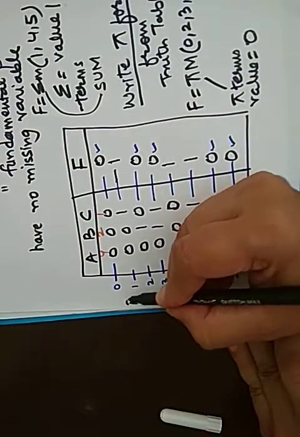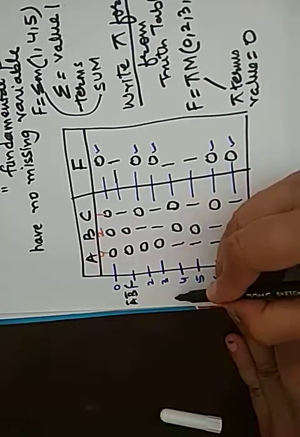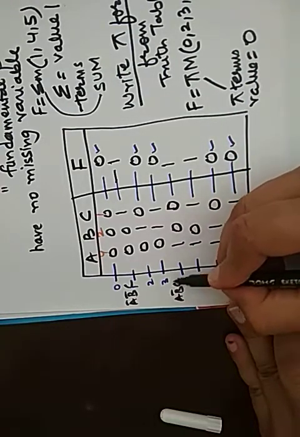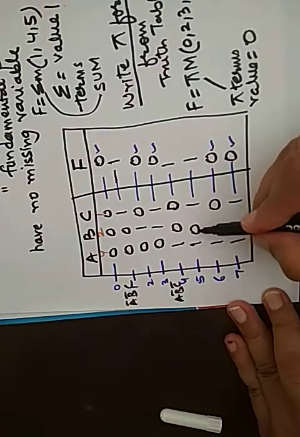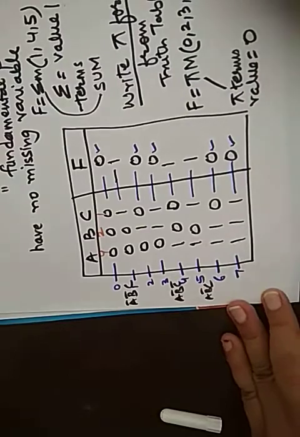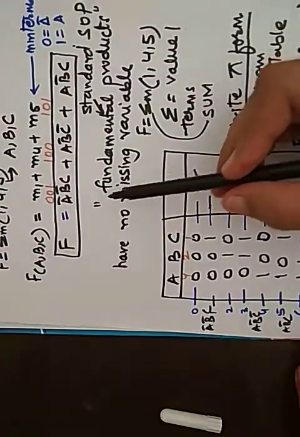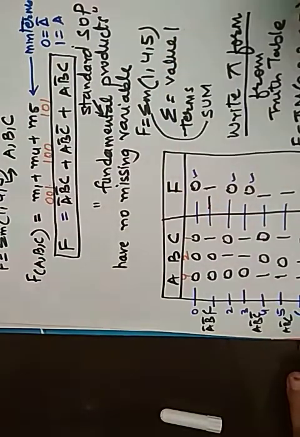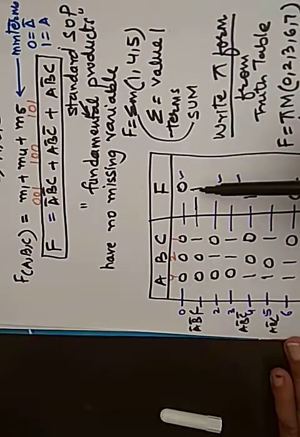The term 4 is A, B bar, C bar. And 5 is 101, so A, B bar, C. So the function sigma m 1, 4, 5 is nothing but the sum of all those terms which are 1.